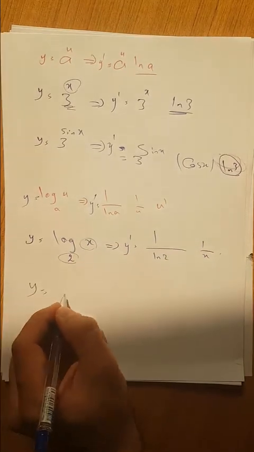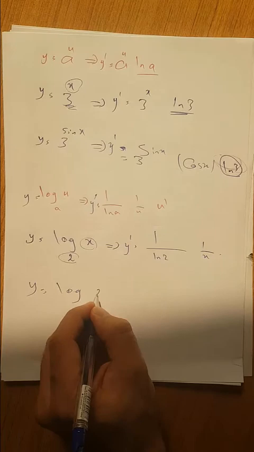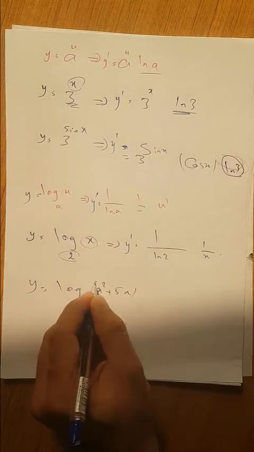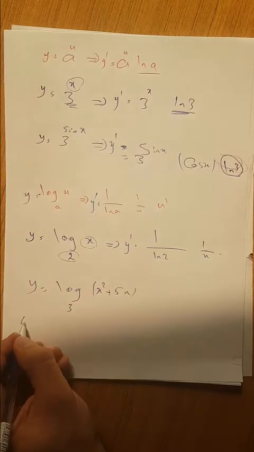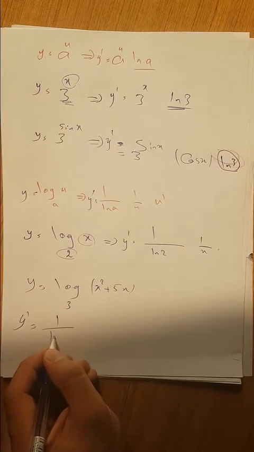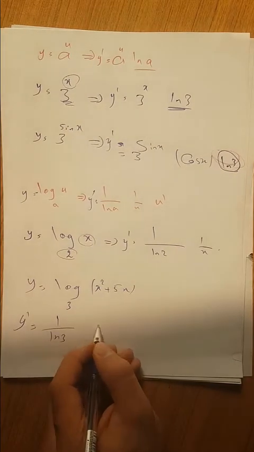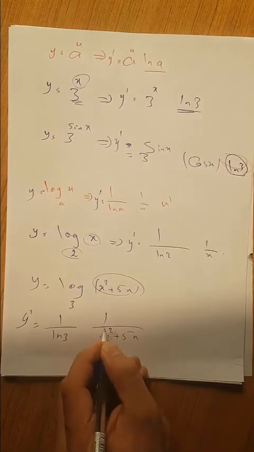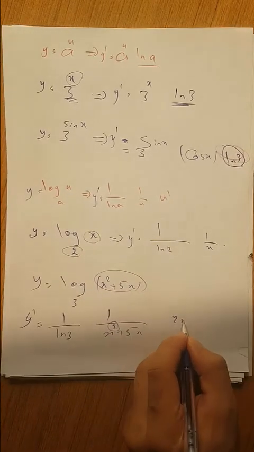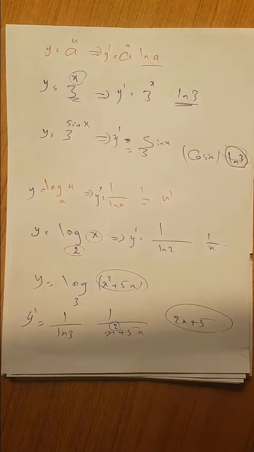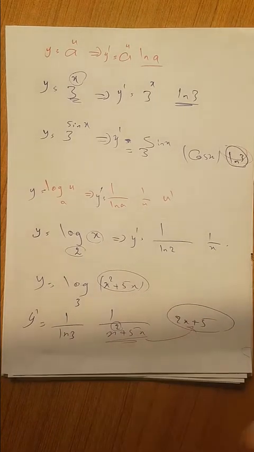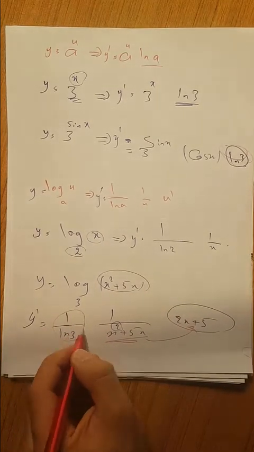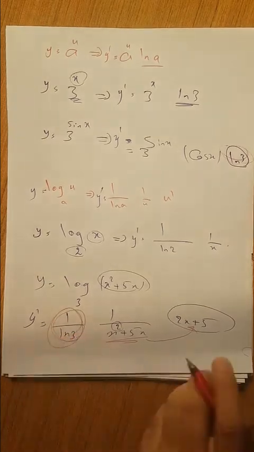How about another example? If I have log base 3 of x squared plus 5x, I can say directly y prime is equal to 1 over ln 3, then 1 over the inside x squared plus 5x, multiplied by 2x plus 5. This is inside and outside here. So what's the difference between the derivative of ln and log? Just we have 1 over ln 3.